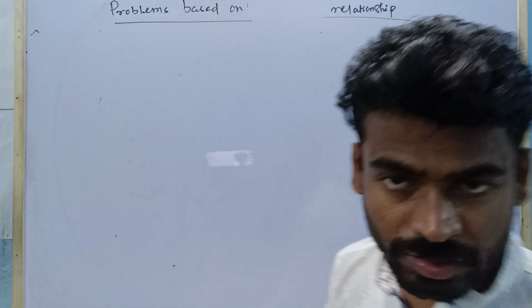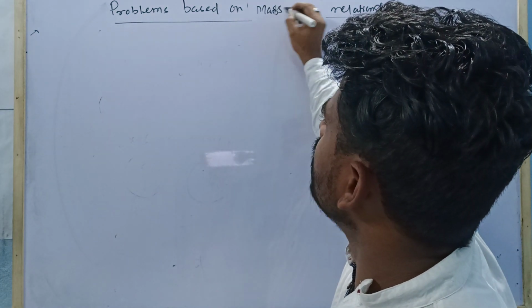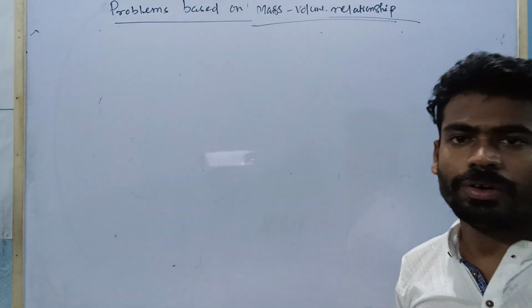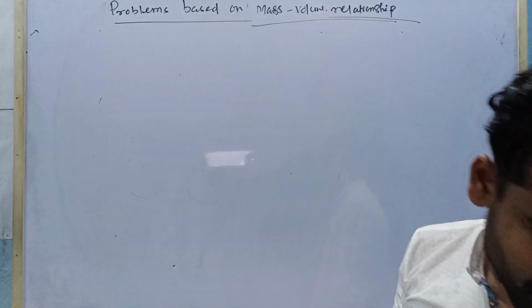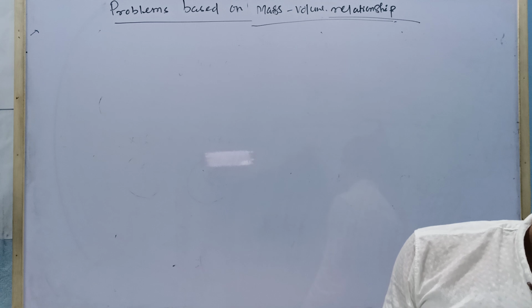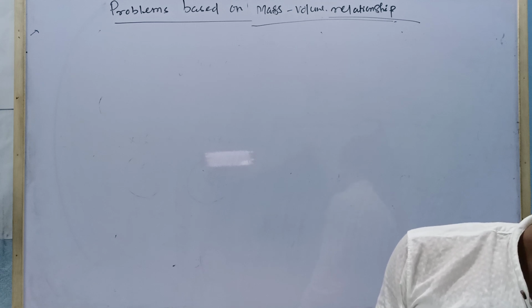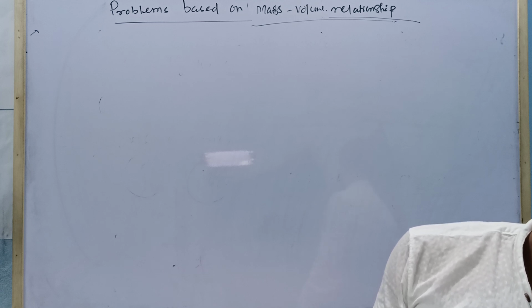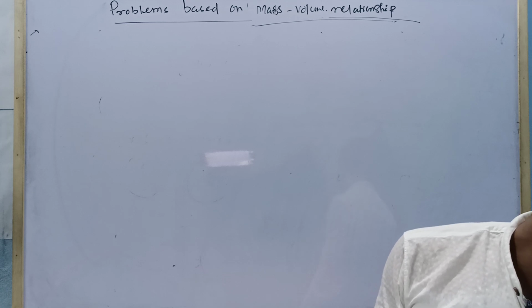Problems based on mass volume relationship. So in mass volume relationship, first numerical, suppose your mass volume relationship regarding, you have to compare the mass of one species with volume of another species.